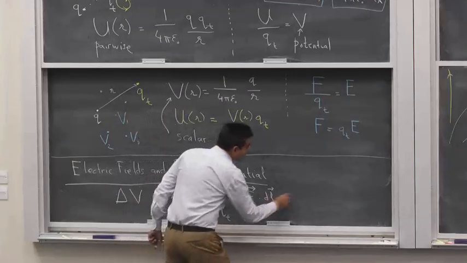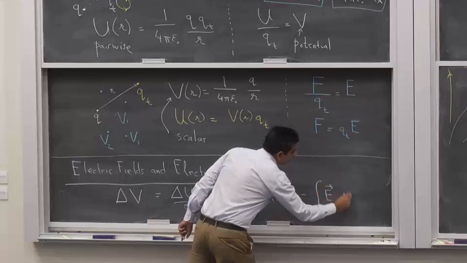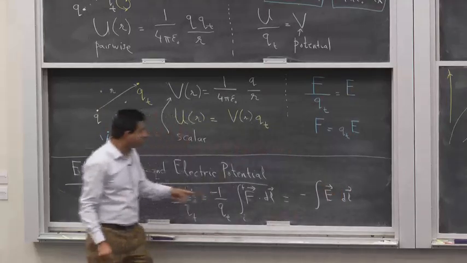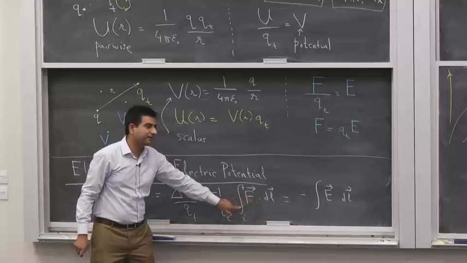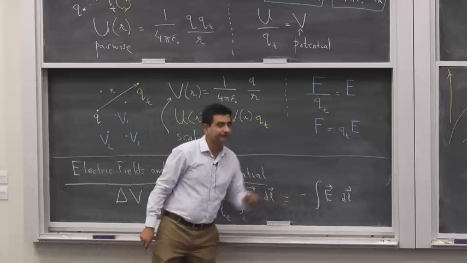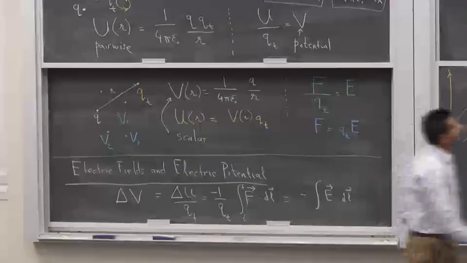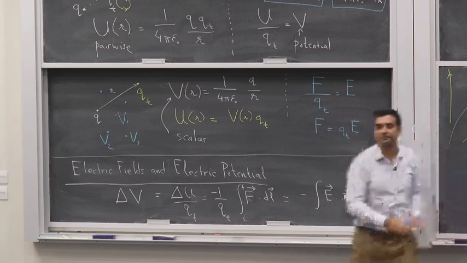So this is minus E dotted with dl. Remember that this is the negative of the work done. Now the work is force dotted with dl. Remember your previous lecture, but the force divided by Qt gives my E. So now this equals minus E dotted with dl as you go from A to B along some path.